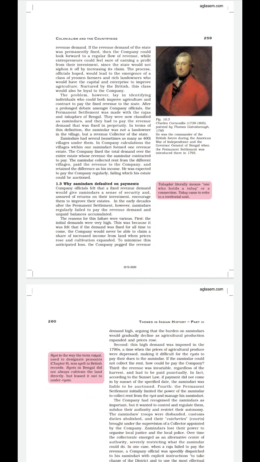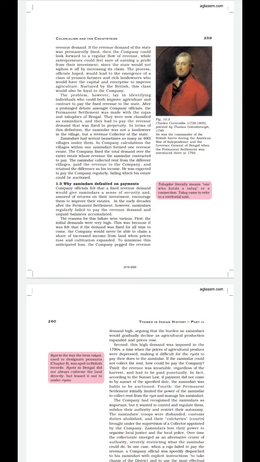Under such situations, the rich ryots and the village headmen, the Jotedars and Mandals, used to be very happy when they saw the Jamindar in trouble, and they used to delay the payment. Now the Jamindar could not prosecute the defaulter in court. What was the reason? Because the judicial process was very long. For that reason, they were not taking the defaulters to court.